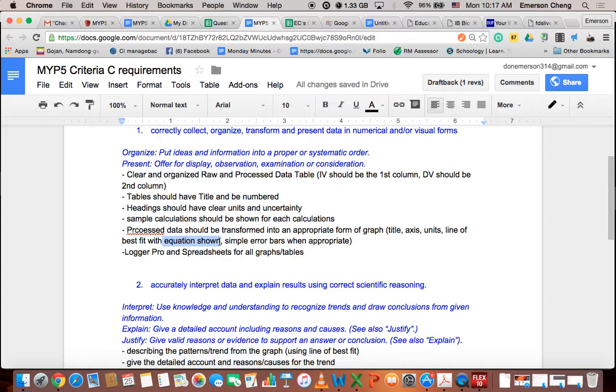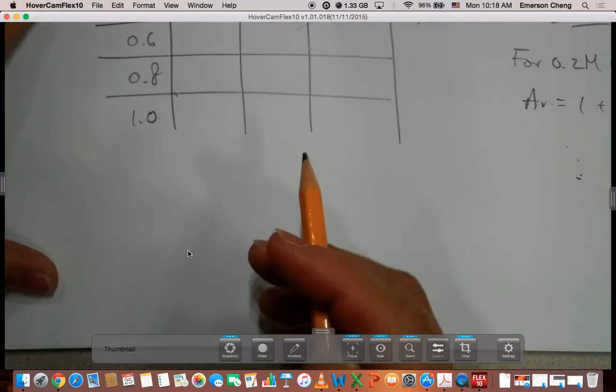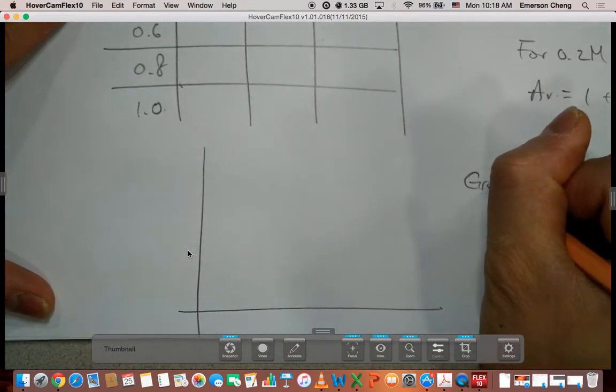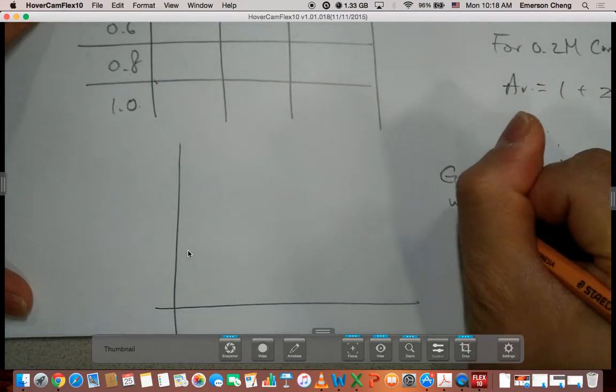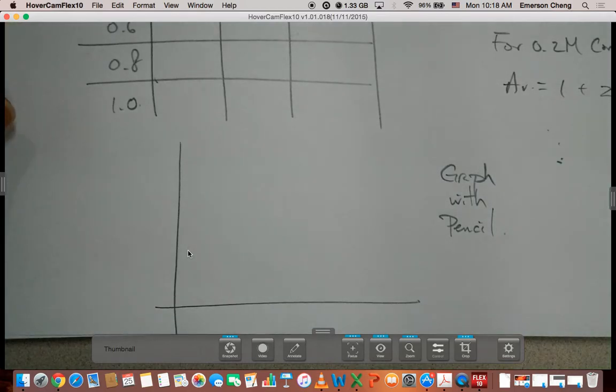Okay, so you need to do line of best fit still, but you don't need to do equation. I will want you to graph. Make sure when you graph with pencil. Okay, I want you to do your graph in pencil.